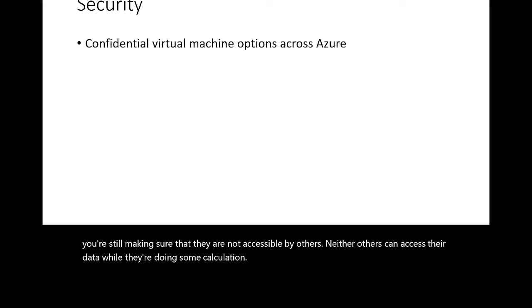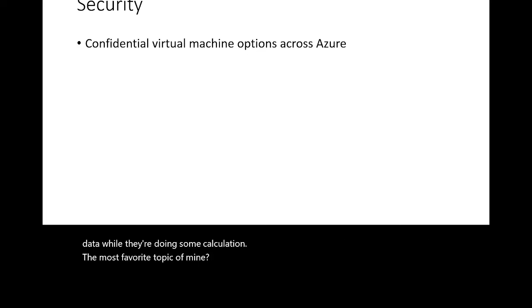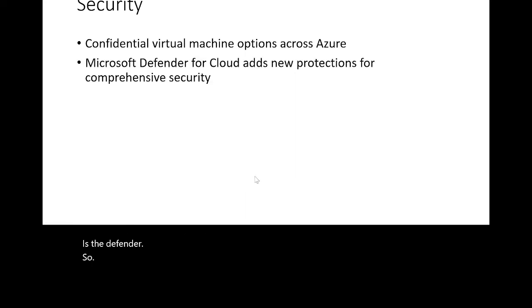Now, the most favorite topic of mine is the Defender. Microsoft Defender for Cloud. Now, there are a couple of announcements in Microsoft Defender for Cloud. One is for DevOps.